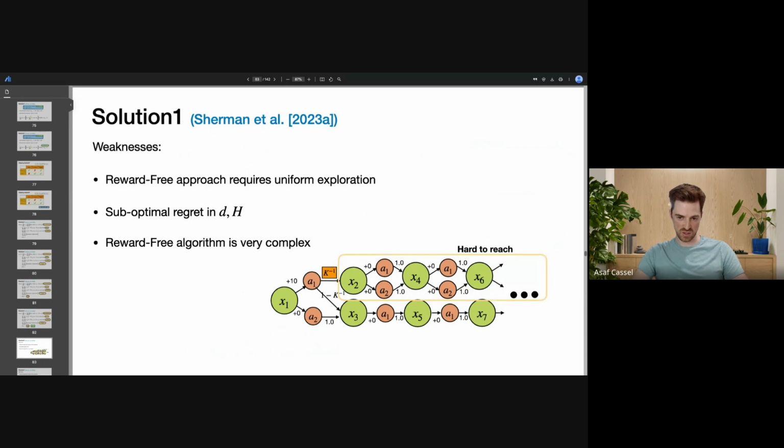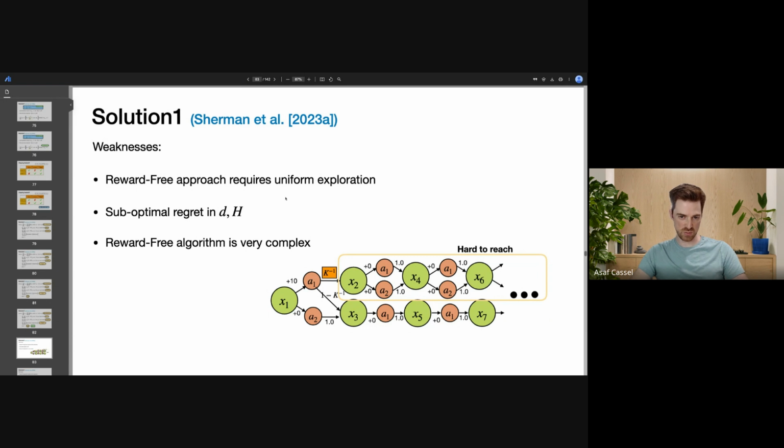Maybe because of that, they get not the ideal dependence on D and H, at least considering this is a non-variance reduced algorithm, they don't achieve what you would maybe hope to get. And above everything else, the reward-free algorithm is very complex. It's very delicate. It's based on first-order methods and using Catoni estimators, and it's not clear that it's actually crucial to have this.